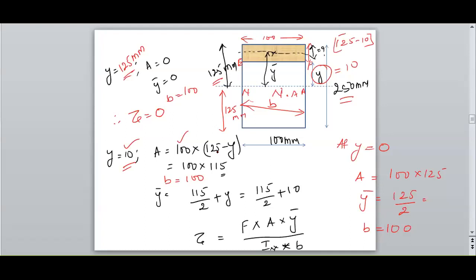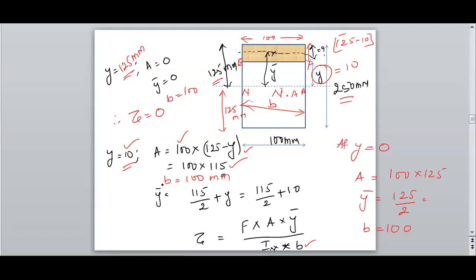That is the area of the shaded region: 100 into 115. Next, in my equation I need B, which is the width of the beam, so it is 100 mm.